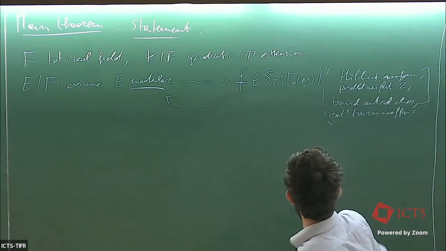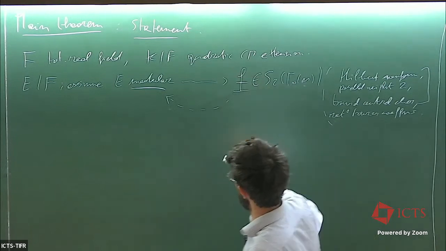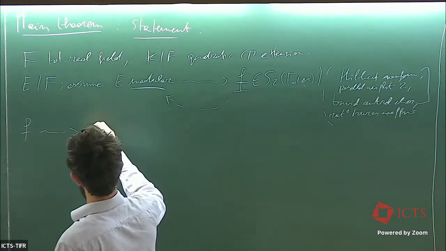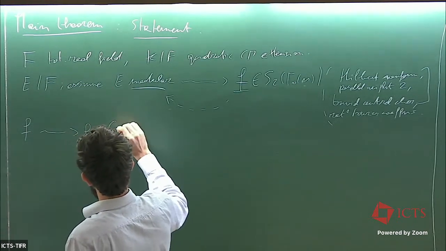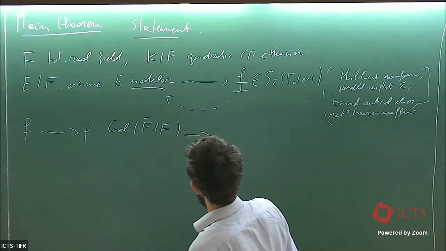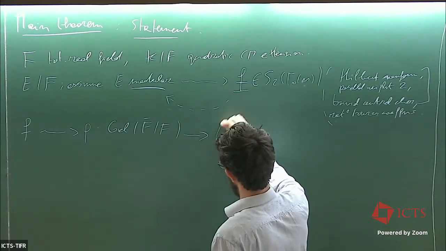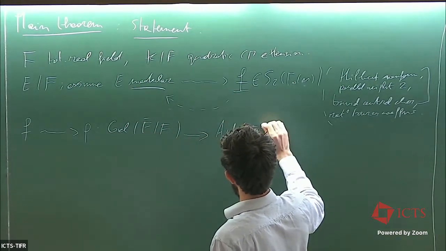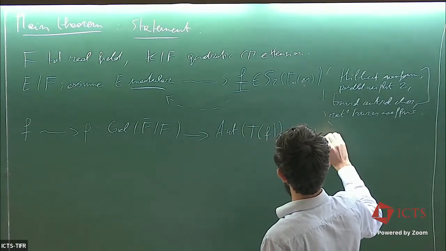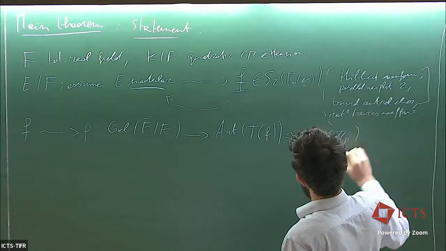Okay, anyway, so I assume I start with such an F. And then you have the associated Galois representation that I will denote by rho, with values, let's say the integral one, in the automorphisms of a module that I denote by E of F. So this will just be abstractly isomorphic to GL2 of Z_p.